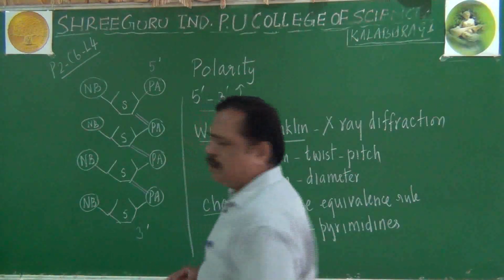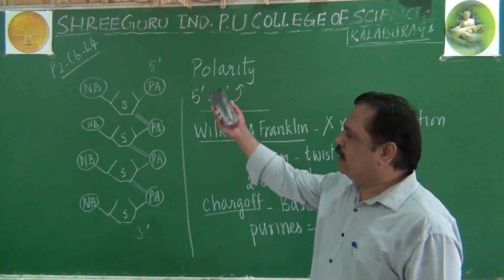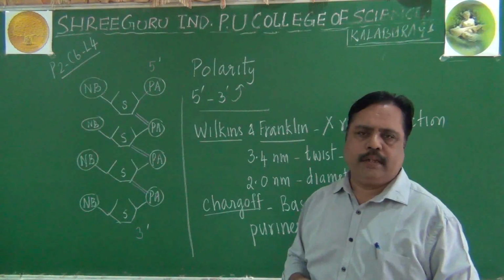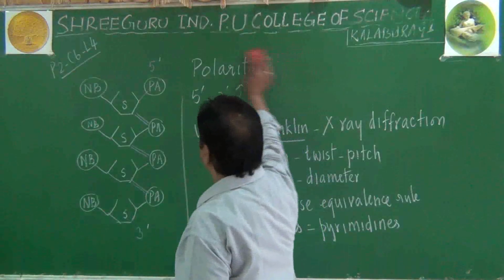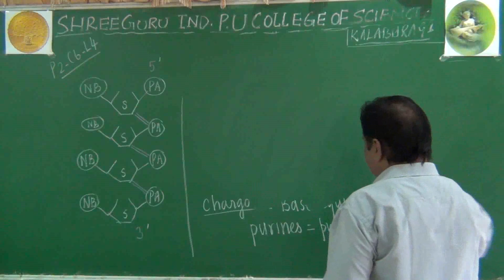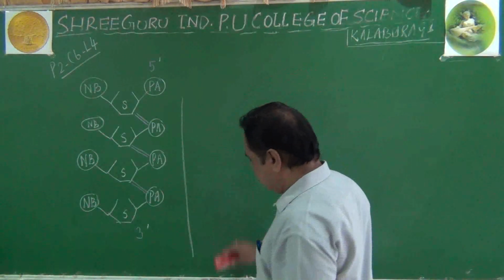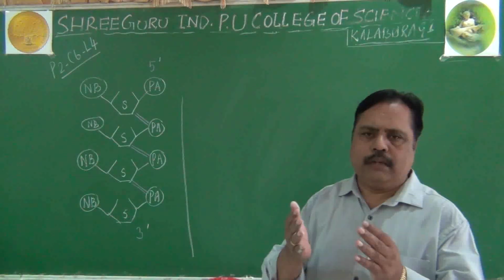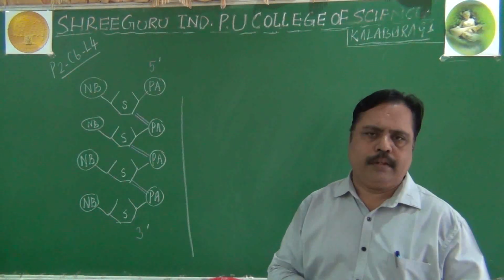Students, you have understood what is called polarity. So a polynucleotide chain is able to exhibit polarity. 5' 3' polarity it is called. Let us come to the duplex model of DNA proposed by Watson and Crick. Actually, the Watson and Crick model was based on the Wilkins, Franklin and Chargaff ideas only.